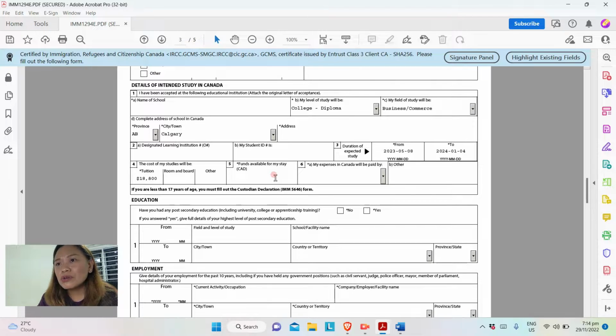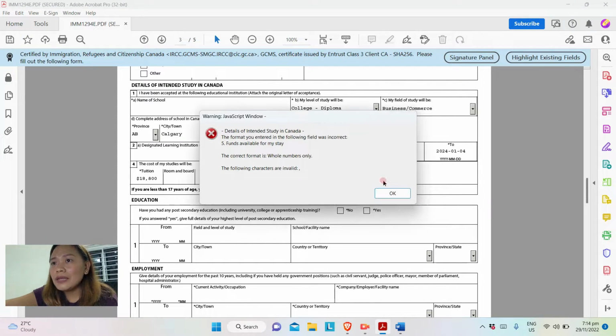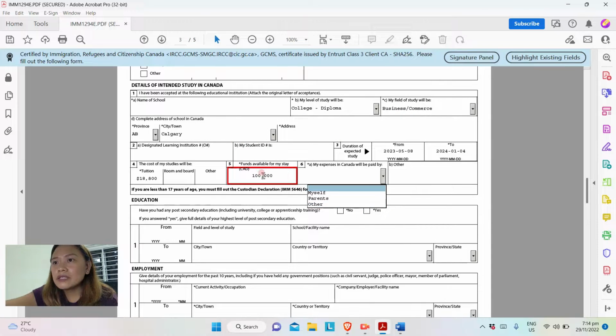If you are sponsored, you also combine what you have plus the sponsor's money, like how much they pledge to help you with. So for example, let's say 100,000 Canadian dollars. Okay, my expenses will be paid by, oh wait, it doesn't accept the comma, don't put comma. It will automatically put the comma and the dollar sign for you.